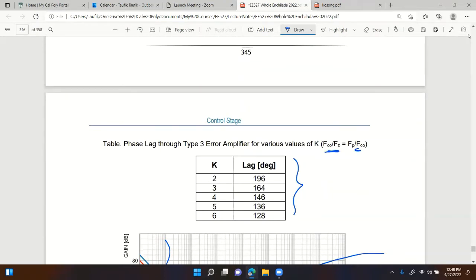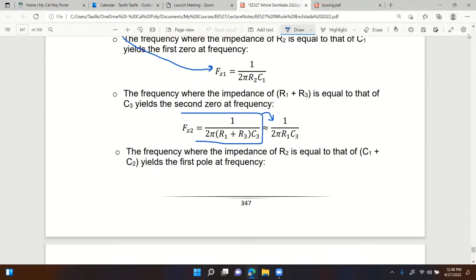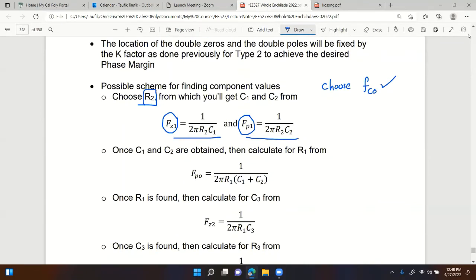It's this ratio: FC naught to FZ. That's your K. So choose FC naught, the crossover frequency, and choose K. That's one method.